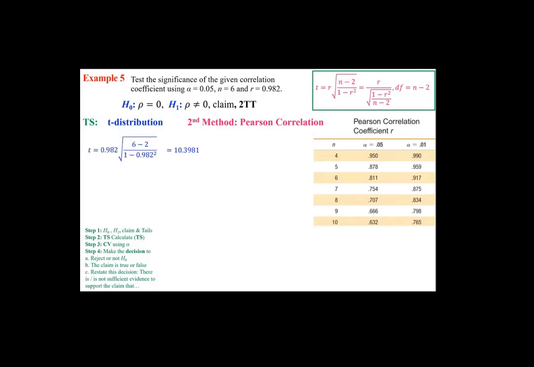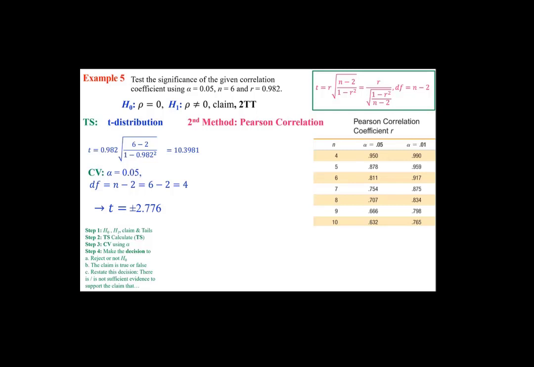Well, critical value comes from the choice of alpha. Alpha is 0.05. Degrees of freedom is n minus 2, that means 4. And we can find the value of t, which is plus minus 2.776 from the t table or technology.